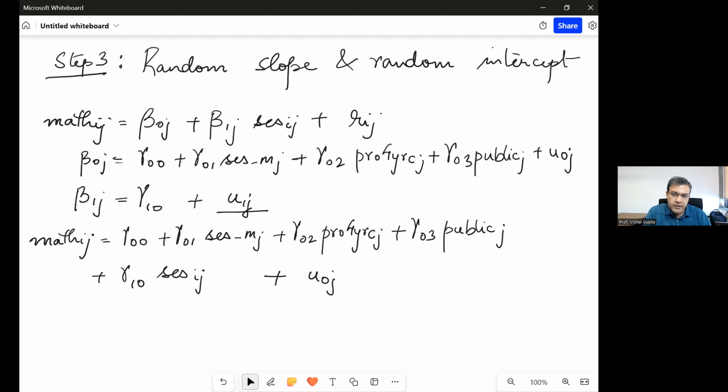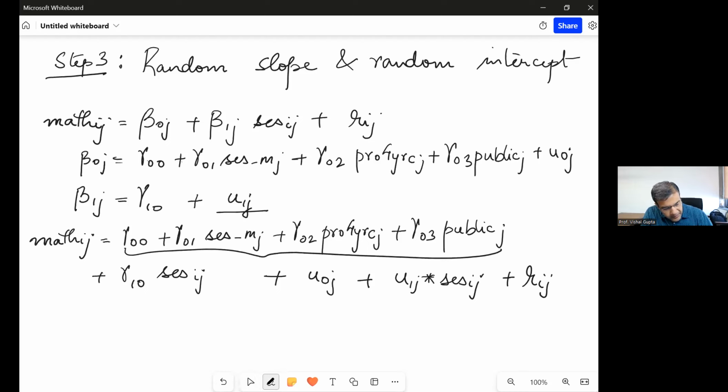This is our first. Then second, u1j multiplied with ses ij plus rij. So these are our fixed effects. Again, 1 2 3 4 5 fixed effects.